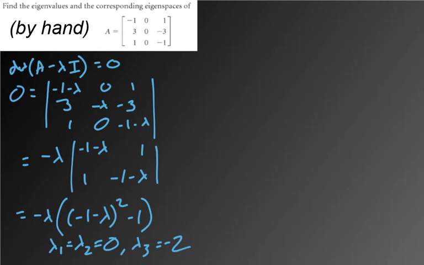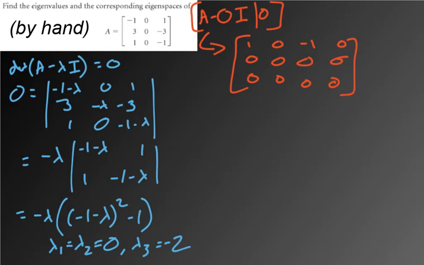And then we just go through and do eigenspace stuff. We don't need to do it twice for the repeated root; it doesn't even make sense to do that. We just do one for this, one for this. So when we do A minus 0I augmented with 0, we get this matrix out.